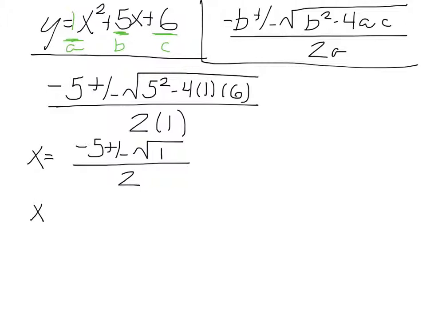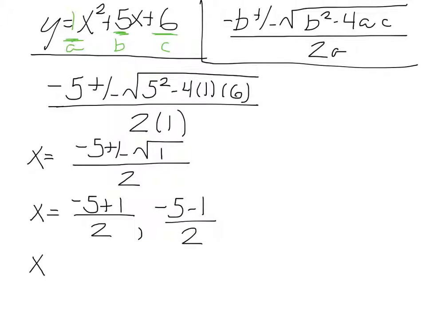Now I'm going to split that into two parts. I have negative 5 plus 1, since the square root of 1 is just 1, over 2. And negative 5 minus 1, over 2. I can actually break that into two parts to see what's going on. I can do negative 5 over 2 plus 1/2, and that's my first solution.